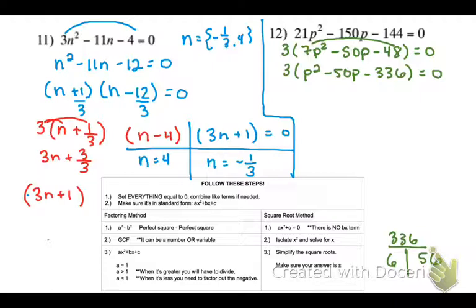However, I need a negative 50. The only way to get that negative 50 is if the 56 is negative, because then I'll subtract it. So now I'm left with p plus 6 and p minus 56 equal to 0.